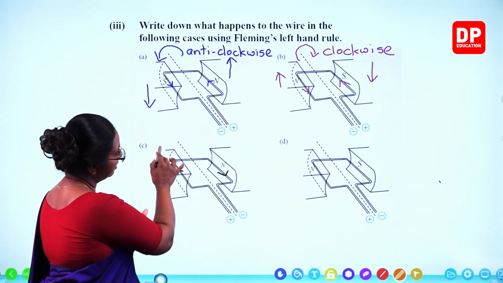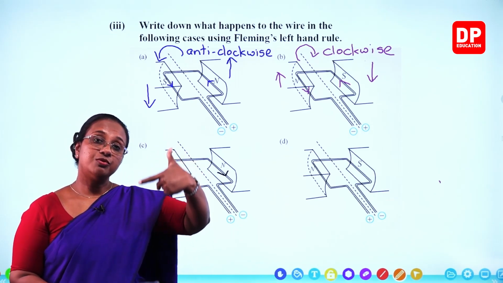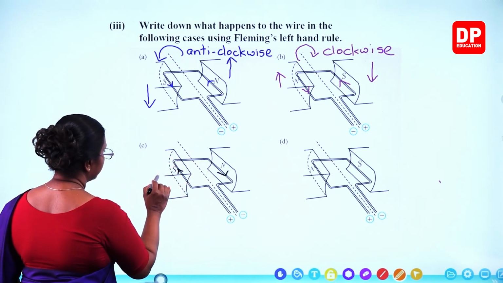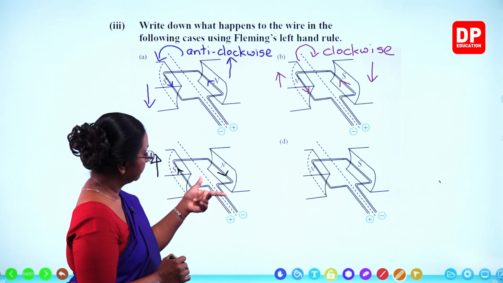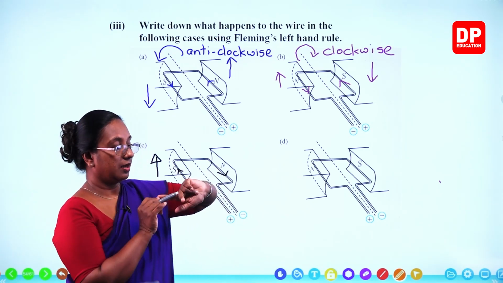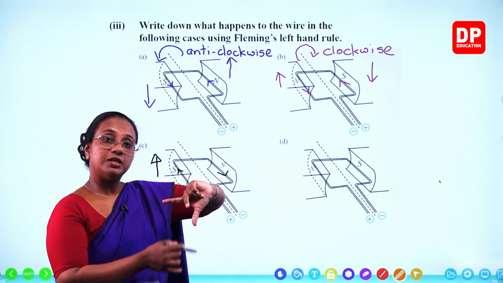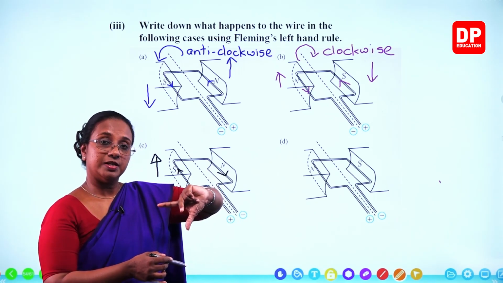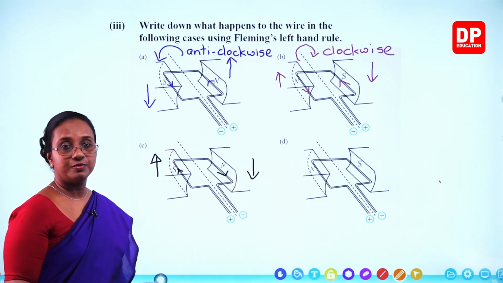Now, here current is flowing into the board. So, the force is upwards. So here the force is upwards. Now here current flows this way, current is flowing out, field is this way, so the thumb points downwards. That means the force is going to be downwards.